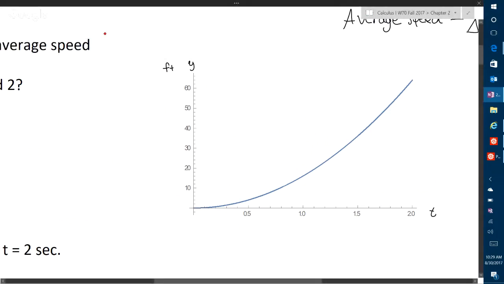Now I'm going to do this in a red. Over that interval.